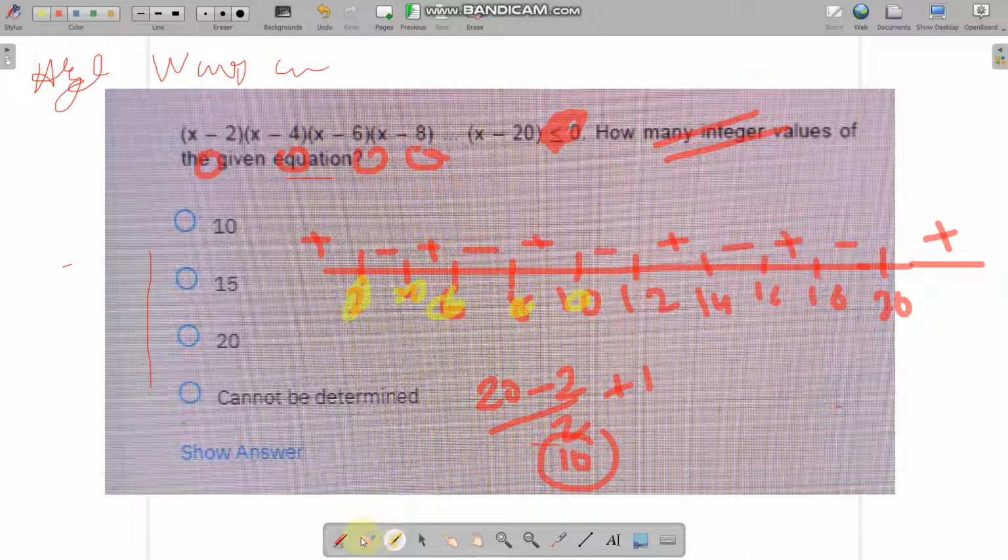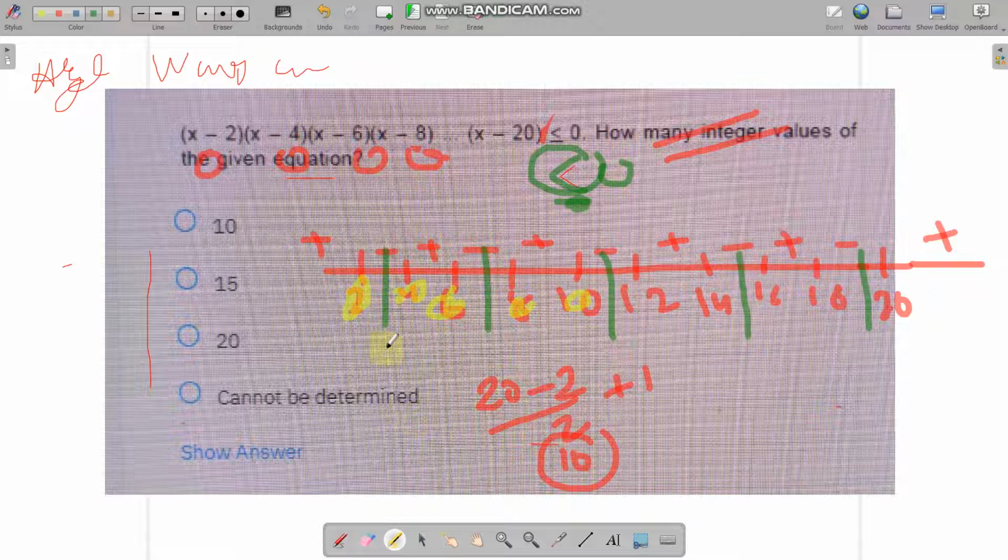Now the question has less than or equal to 0. The equal to portion is dealt with by all of these, 2, 4, 6, 8. Now we'll consider less than 0. The less than 0 portion means negative, so this portion. So one value from here, one from here, one from here, one from here, and one from here.